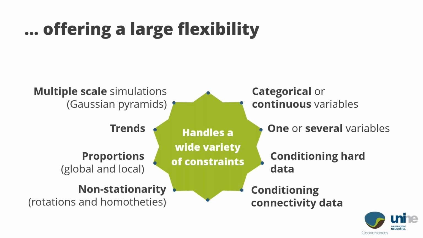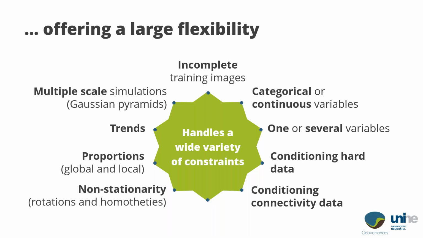We can work with multiple scale simulation. So in this case, we work with what we call Gaussian pyramids. And we can use, like in the first example of Philippe, incomplete training image.